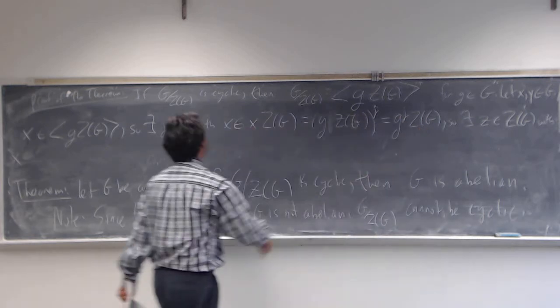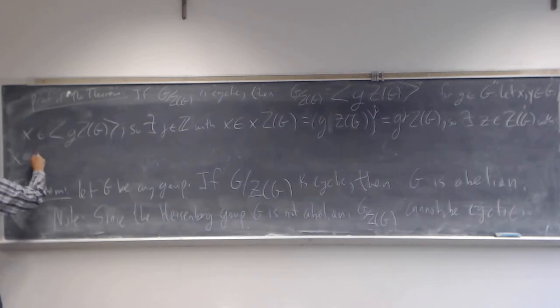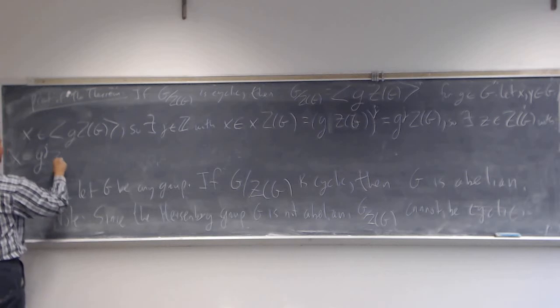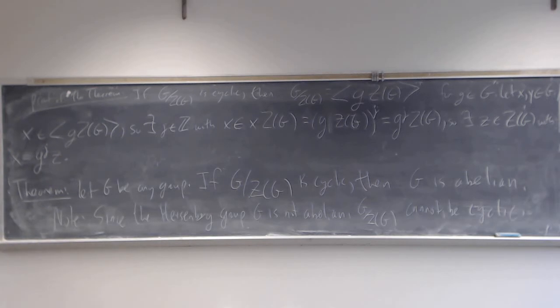That means there's an element Z of the center where x itself equals G to the j times Z. And I could say a similar element, y, would be equal to G to the k times Z prime.